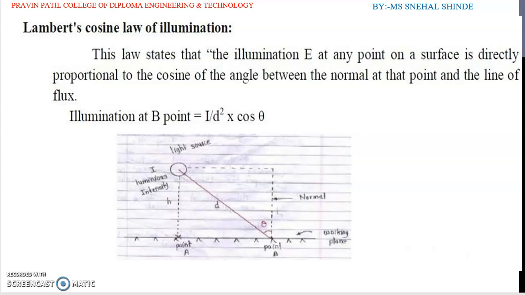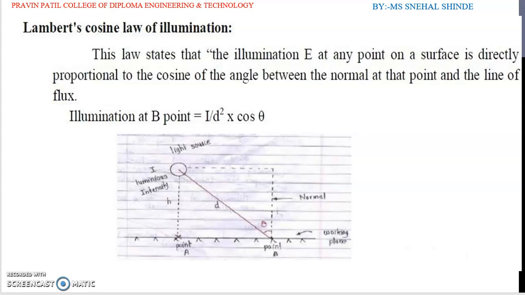So the illumination E at any point on a surface is directly proportional to the cosine of the angle between the normal at that point and the line of the flux.